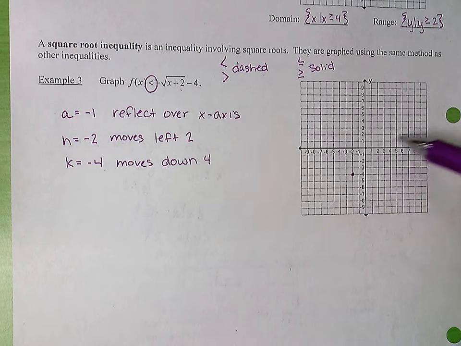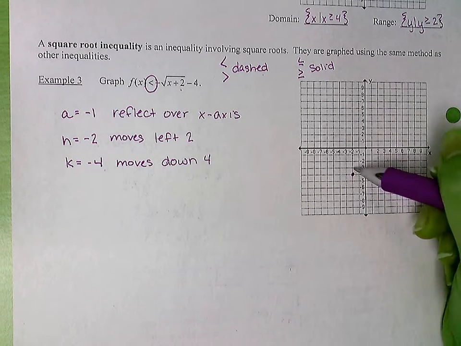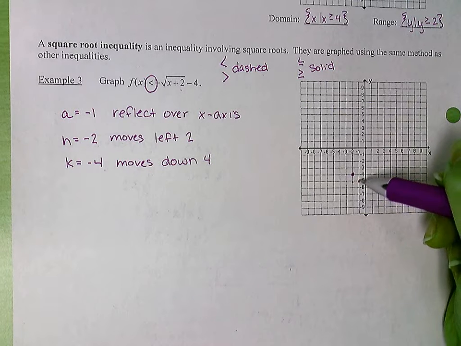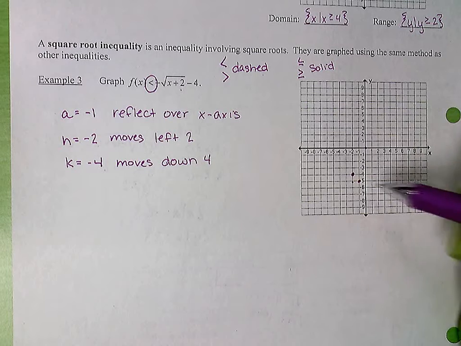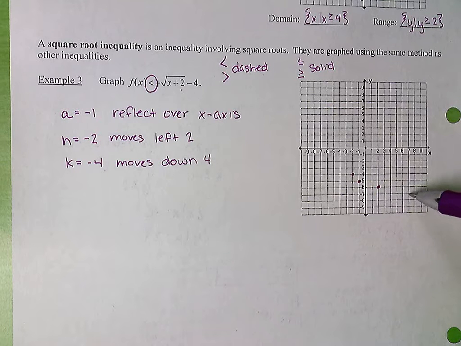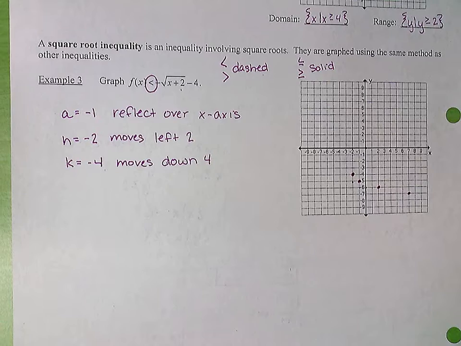So it's not going to have this shape. It's going to have this shape. So it's going to scoop down. From here, I can just use my normal parent function. Instead of going up 1, though, I'm going to go down 1, right 1. Down 1, right 3. Down 1, right 5. And then I can't do 7.